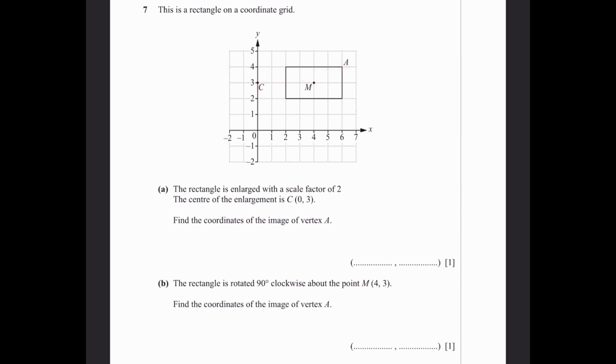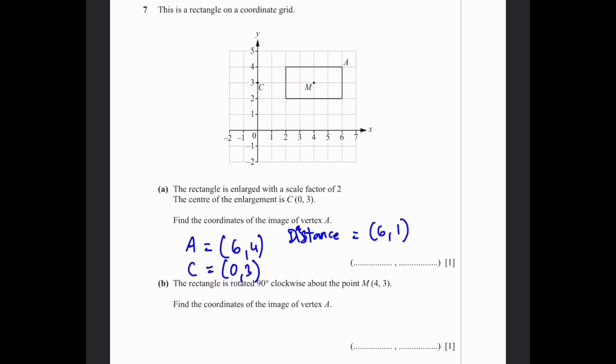The A point currently is 6, 4, and then C is 0, 3. So the distance, when we subtract them, will be 6, 1. 6 from the x and 1 from the y.